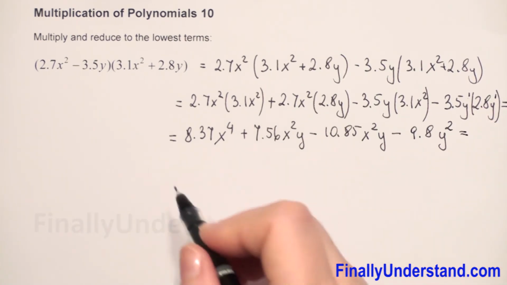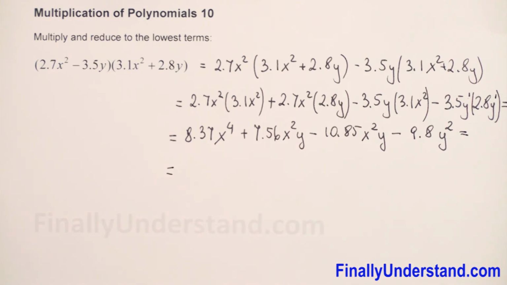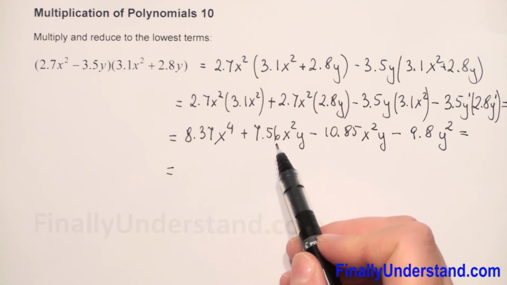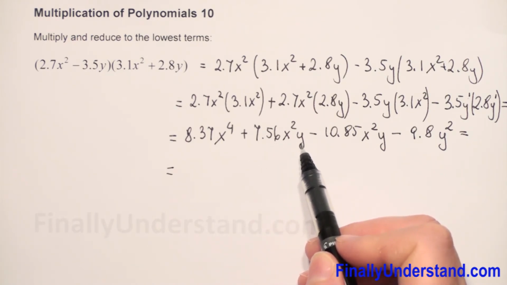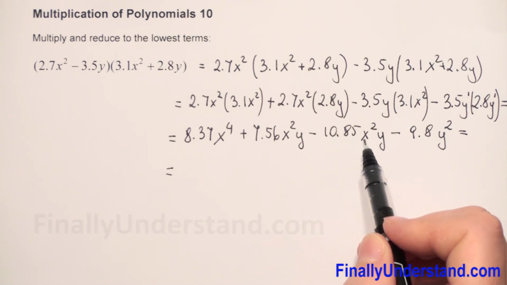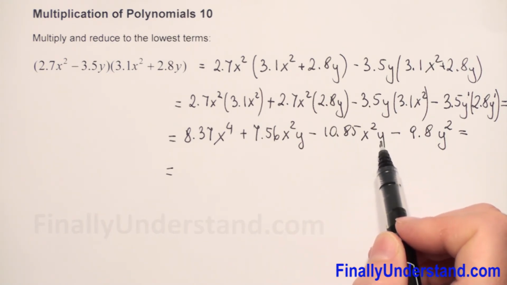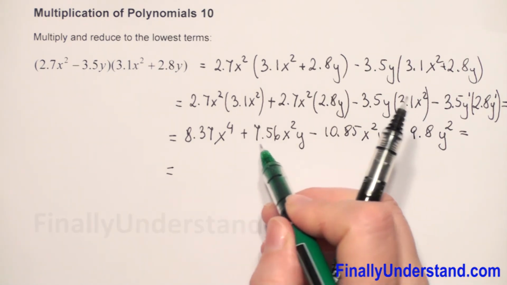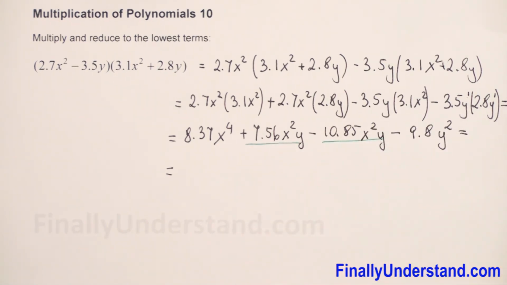So this is equal. Now we have to combine the like terms. The like terms are only 7.56 x squared y and negative 10.85 x squared y. We have the same variables, so these two terms we can combine.